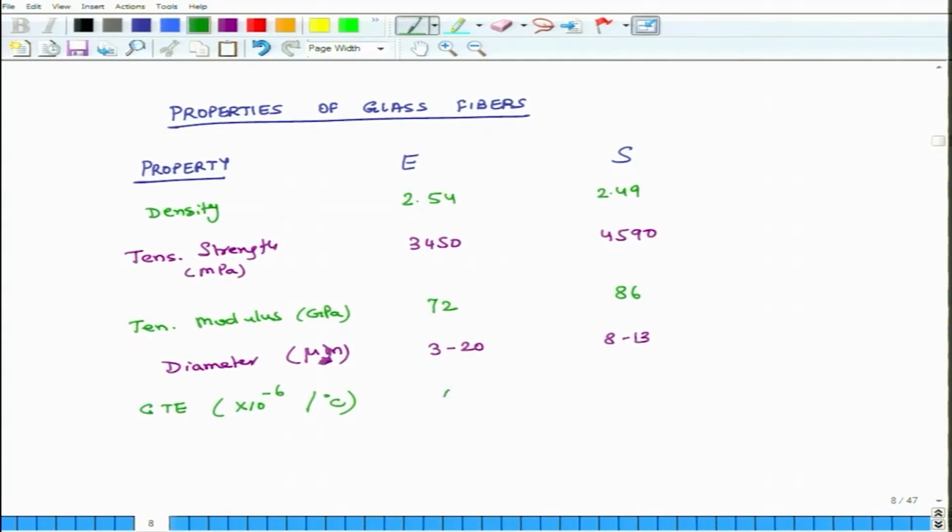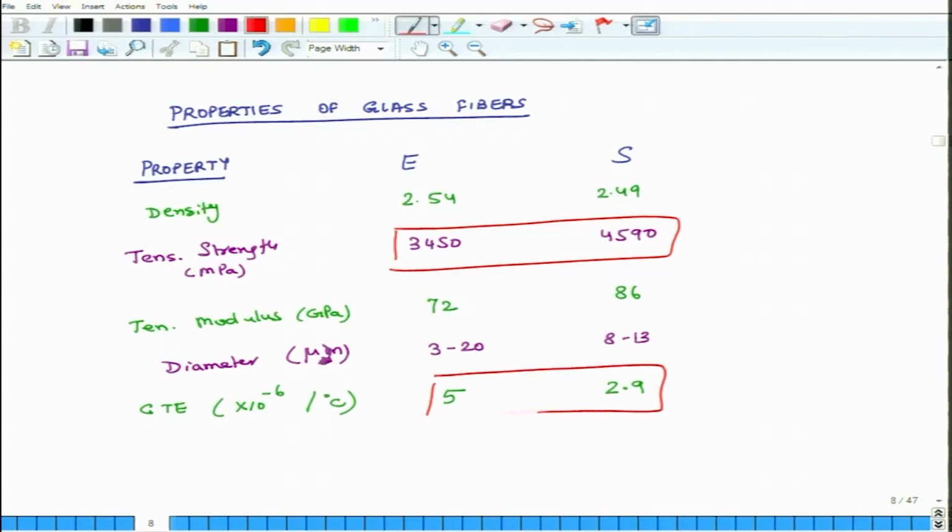So, E glass expands more significantly compared to S glass. So, you would wonder what is the difference between E and S, because especially these properties, strength, CTE, even modulus, they are significantly different.